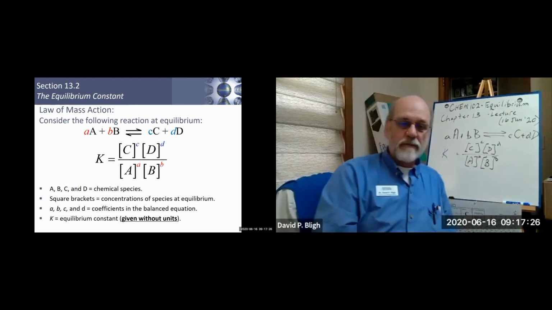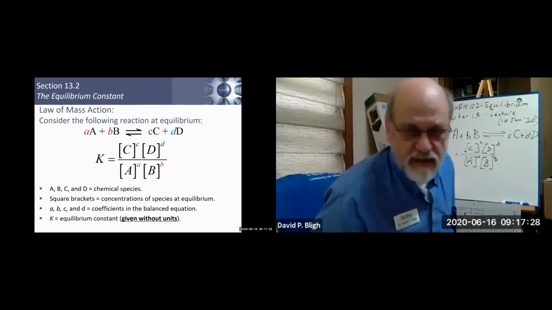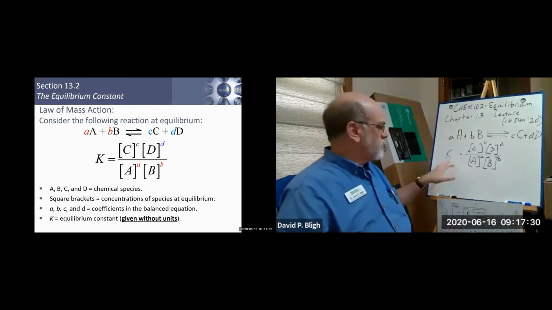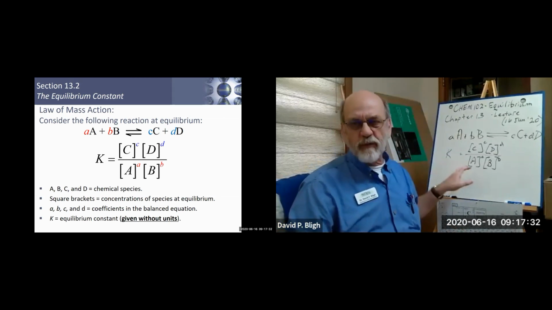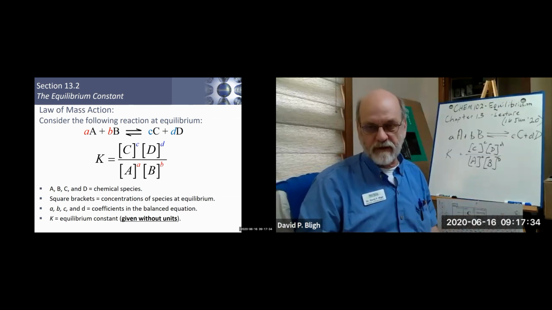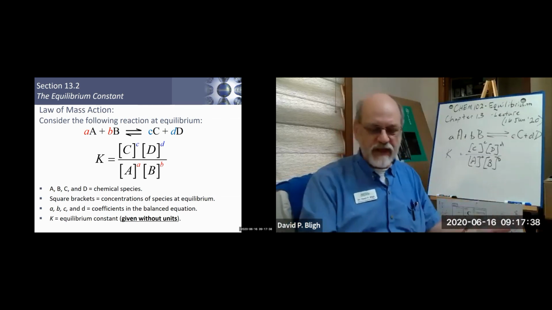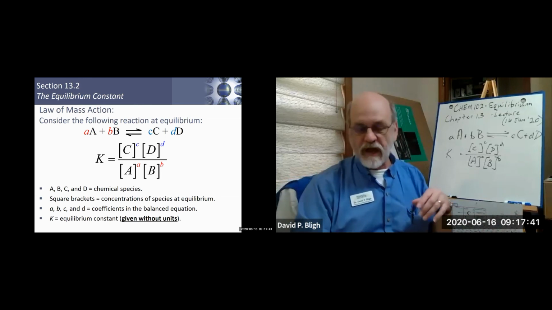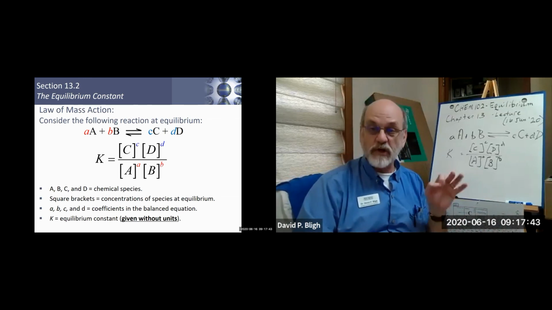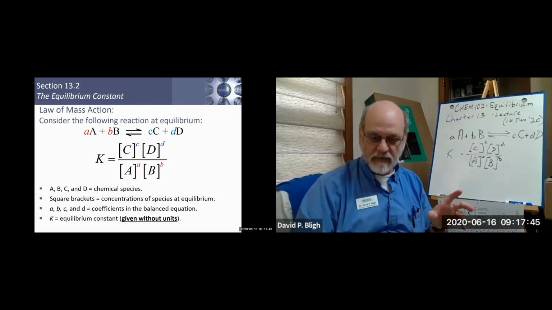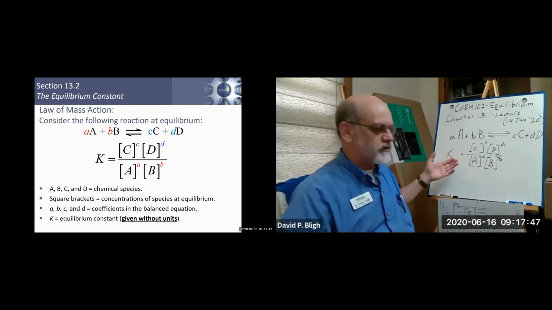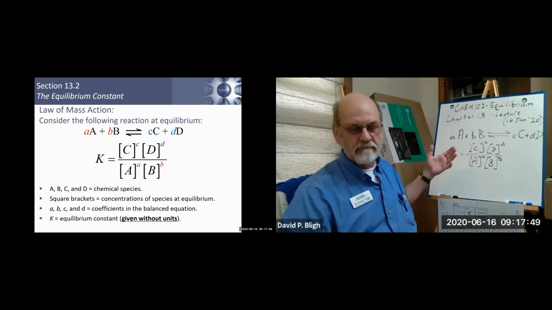Okay, another peculiarity about the equilibrium constant is it's never reported with units of measure. I know from the very beginning, first semester chemistry, we hammered the concept of putting in the proper units. And that's important, except that now we're in a situation where the units would be confusing.